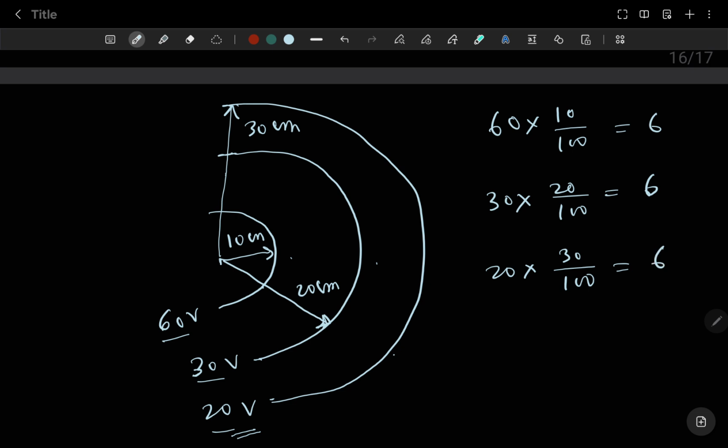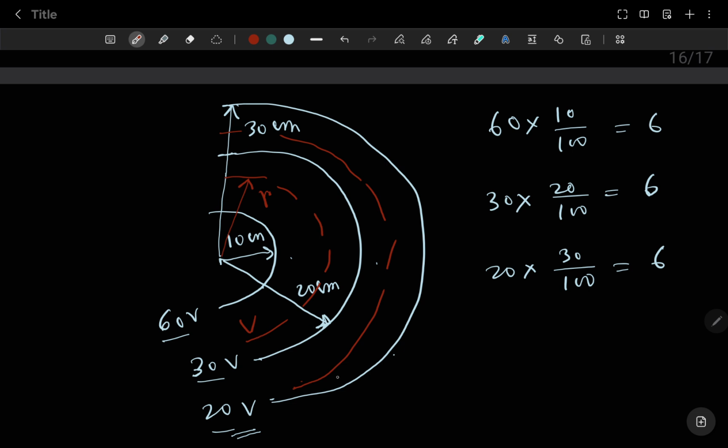So you see the voltage V and the distance R. At any point, if I consider this may be the point or this may be the point, the voltage V and the distance R from the center, their product will be constant, the same.